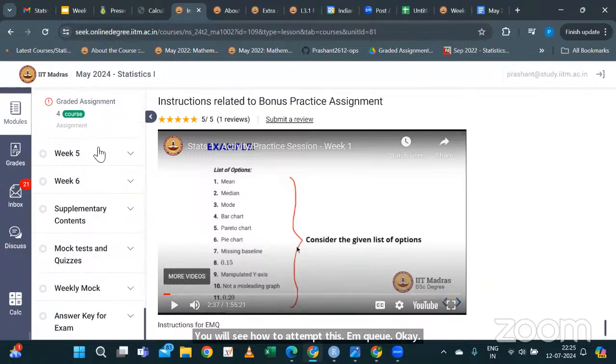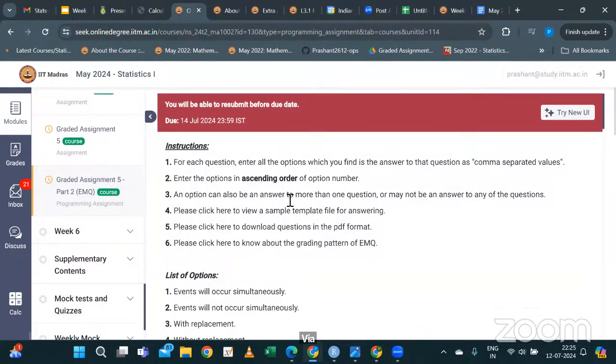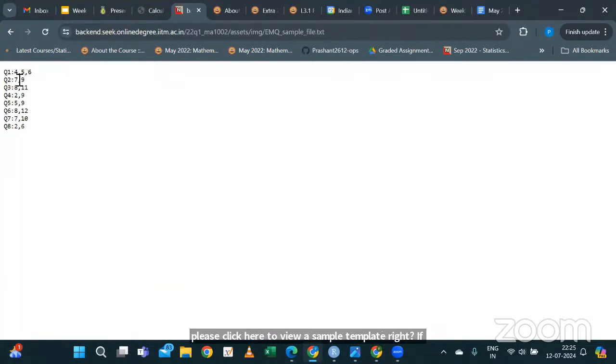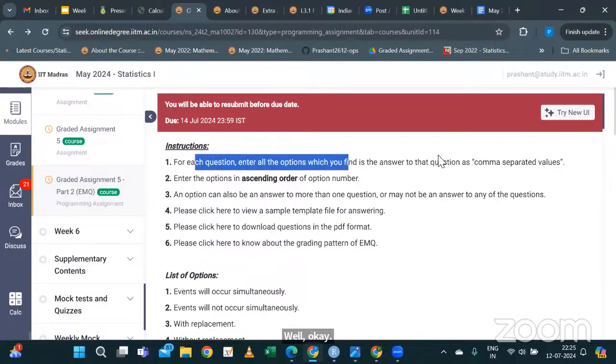If you go to week 5, there is graded assignment part 2. If there is a 4th option, please click here to view a sample template, right? If you click here, you will see something like this. Basically for question 1, you have to enter the option number which has the correct option. Just read the instructions. You have to enter comma separated values.